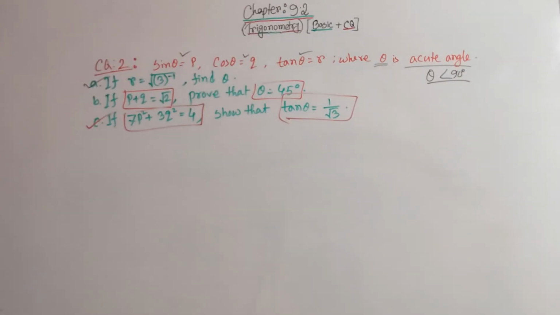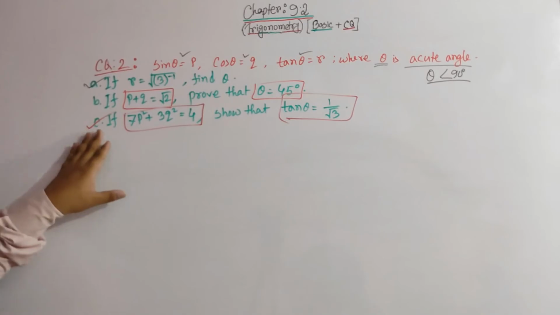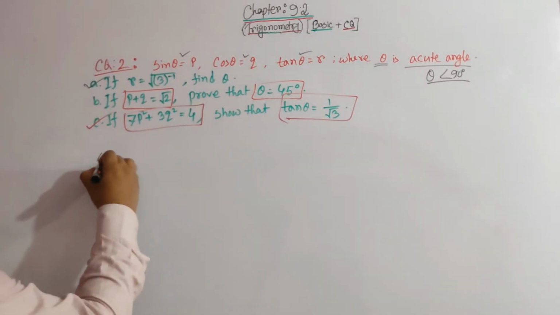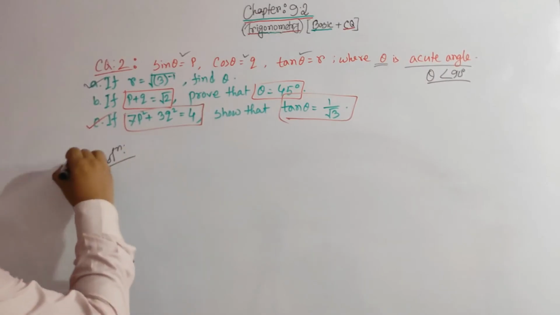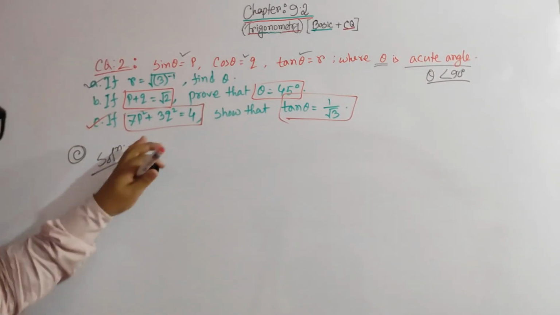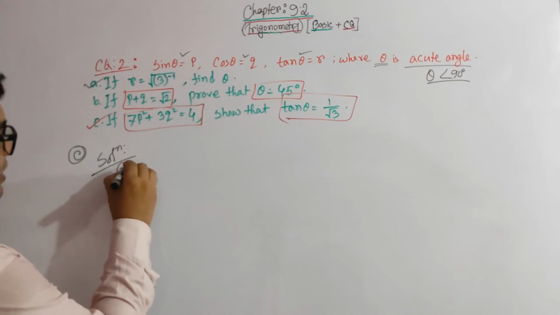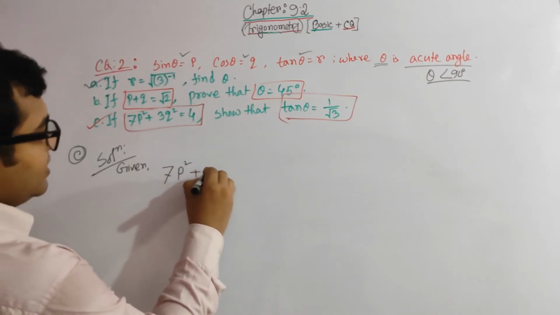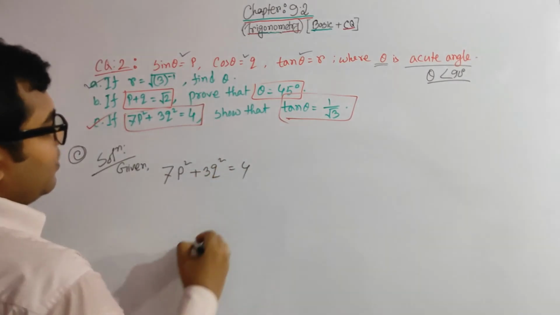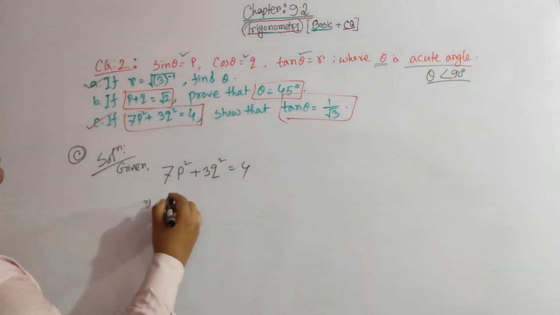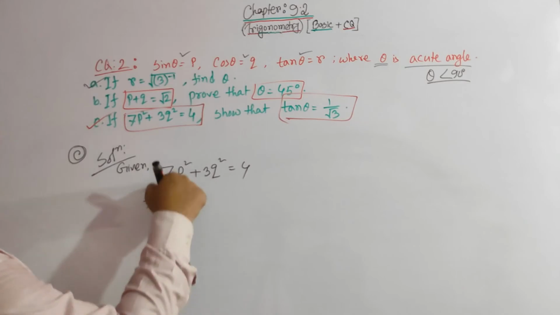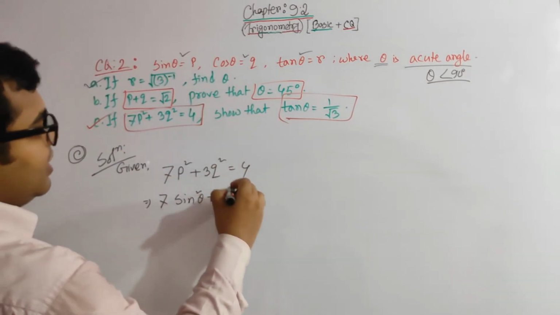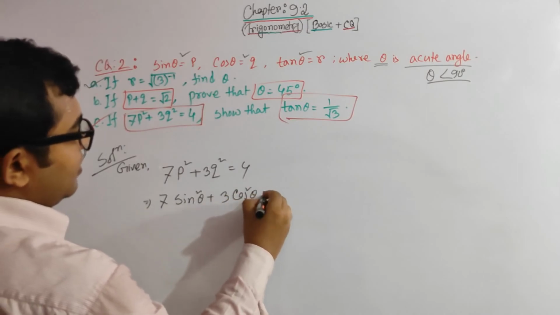Okay, dear students, this is the last question, question number C, what I was talking about. Now the solution part. Solution of C. Here it is given 7p² + 3q² = 4, and from here we can write 7 sin²θ + 3 cos²θ = 4, since the value of p is sin θ and q is cos θ.